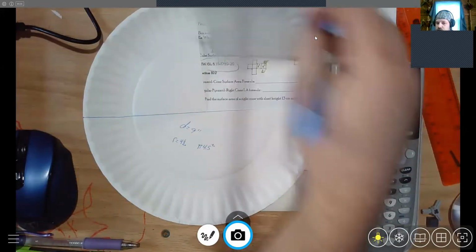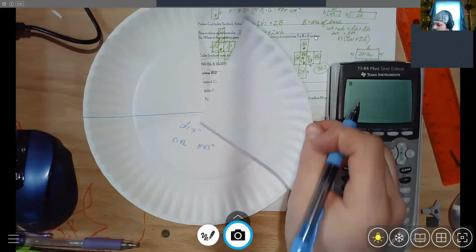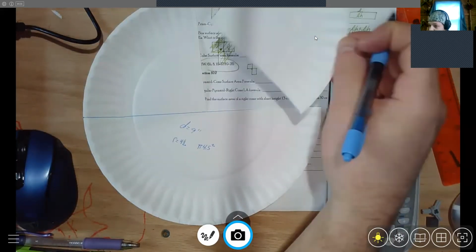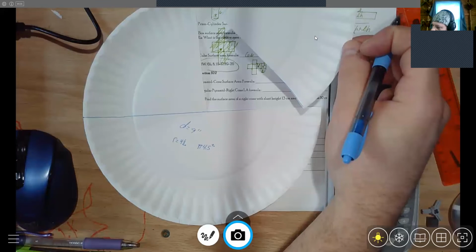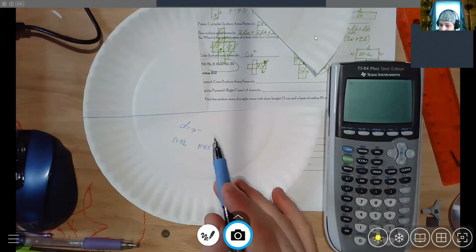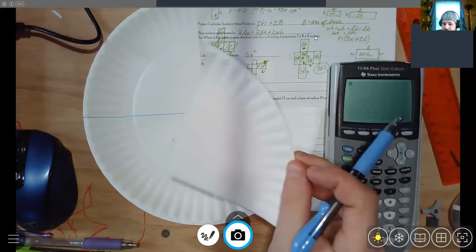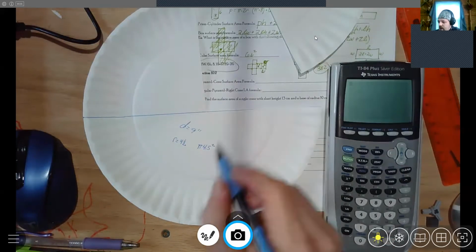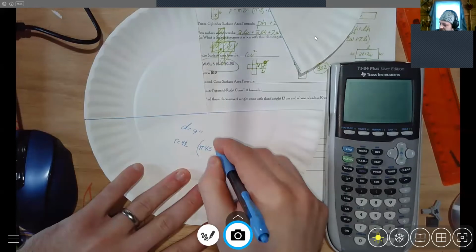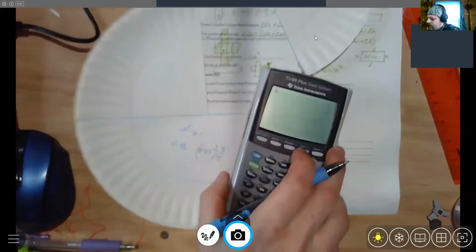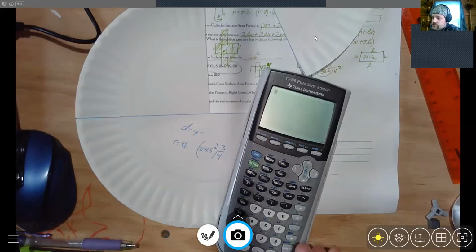But now we have this piece we cut out. That's why I cut it out at basically 90 degrees, because that makes it easier to think about: if I'm missing a 90-degree hunk out of my paper plate, that's a quarter of the plate. In other words, I have 3/4 of the plate left. So I can multiply by 3/4, and that will give me the lateral area.